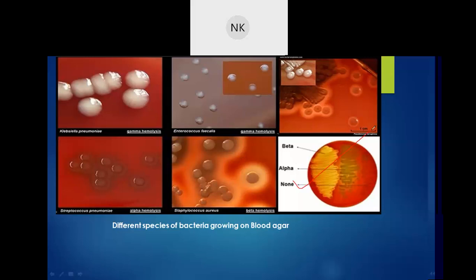You can see three types of hemolysis patterns observed on blood agar media.